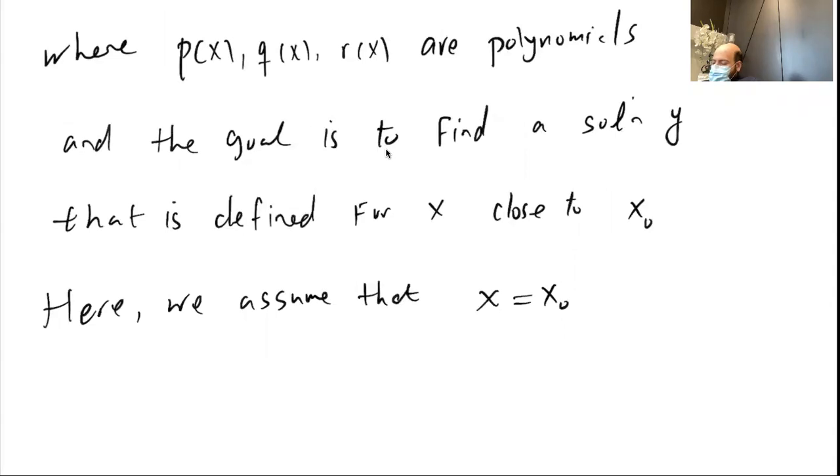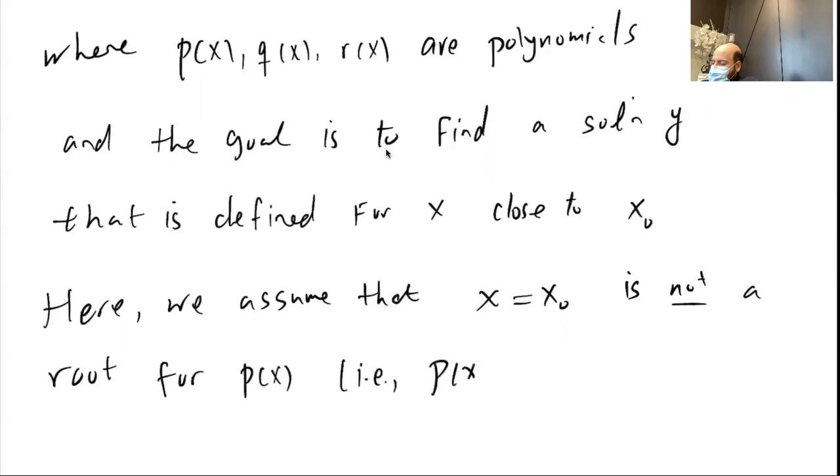And we assume that x equals x naught is not a root of P of x, meaning that P of x naught is not equal to 0. So this is what we assume, that x equals x naught is not a root for P of x.